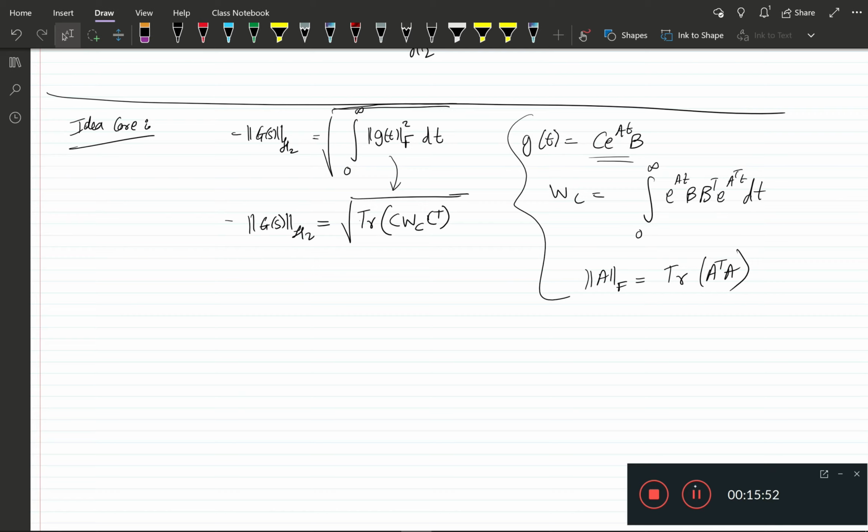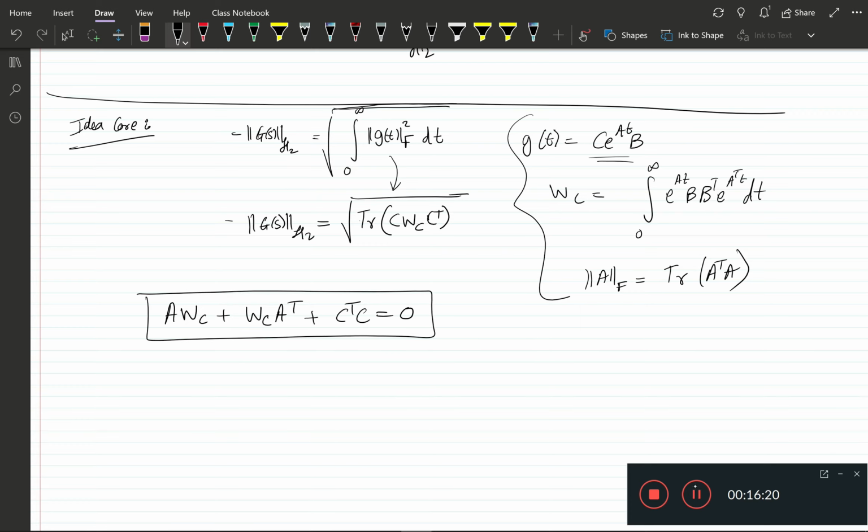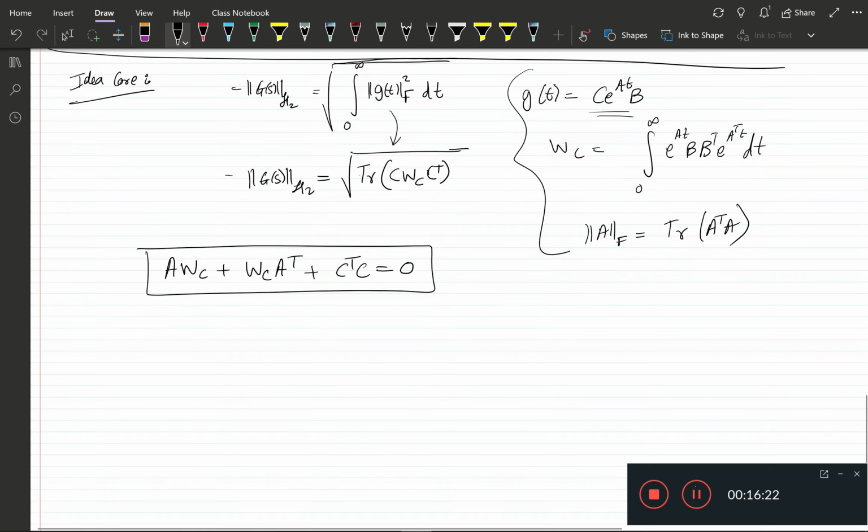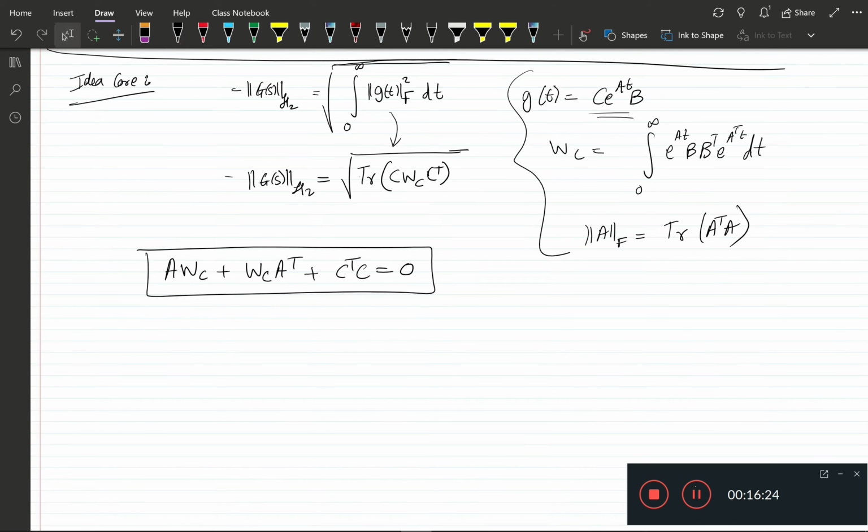And now you also know that the controllability gramian can be found by solving the Lyapunov equation, because the controllability gramian is the unique solution to this equation.